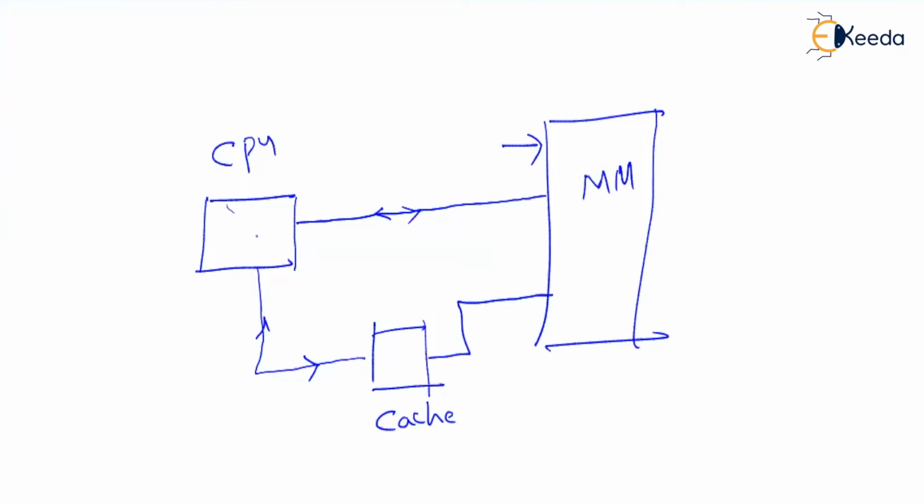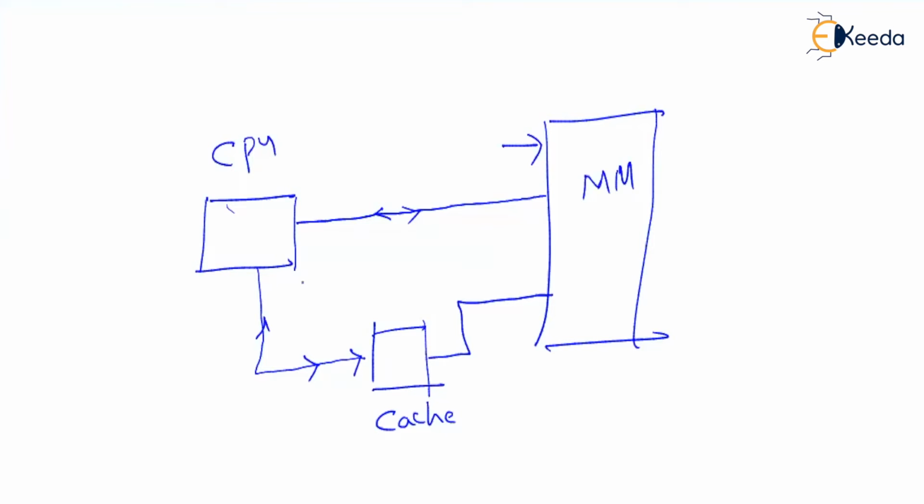Now, initially when a CPU wants to access a data element, the data element could be either an instruction or an operand, as you already know. Regardless of that, let us say CPU wants to search for a data element. Initially, the search will be made in the cache memory.